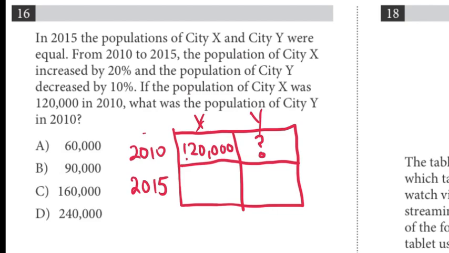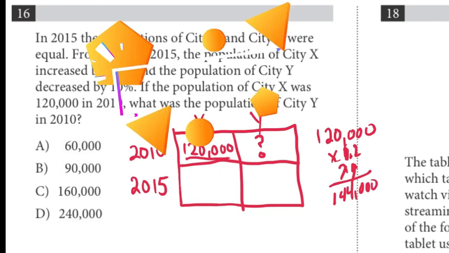So we have to do a 20% increase of 120,000. The easiest way to do that would be to multiply 120,000 times 1.2, 1 being itself, and the 2 is the 20%. That's just a shortcut that will give you the 144,000. And that would be right here.